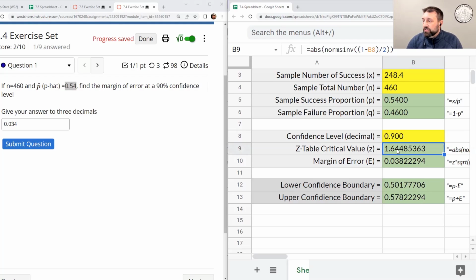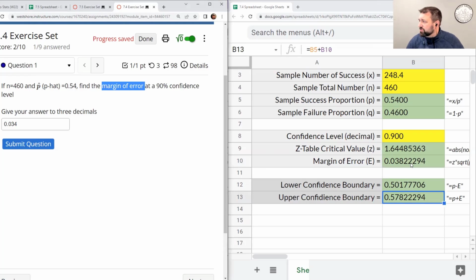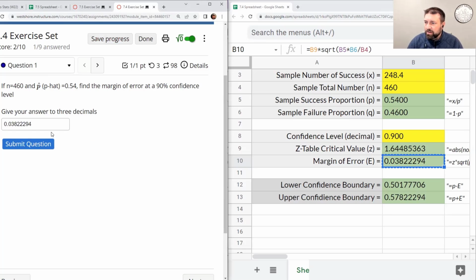The spreadsheet calculates my z-score, my margin of error based on the formula from the textbook, and then my lower and upper boundaries. So all I have to do is copy this margin of error and paste it in there, rounded to 3 decimal places.